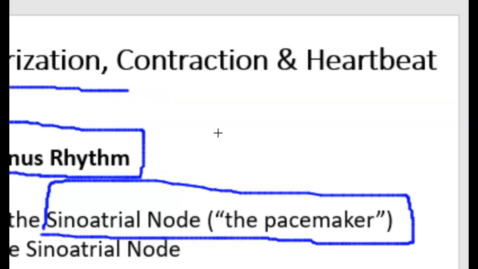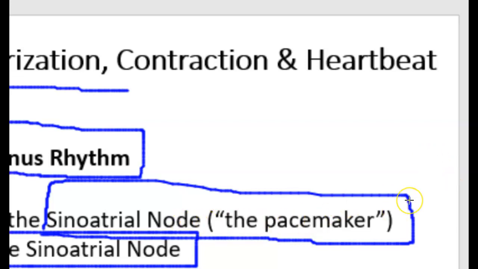Now, this can be sped up or slowed down based on autonomic neurons that can impact how fast the SA node depolarizes. So although we consider the sinoatrial node to be self-excitable, spontaneously depolarizing, which it is, the autonomic nervous system can actually fine-tune it.